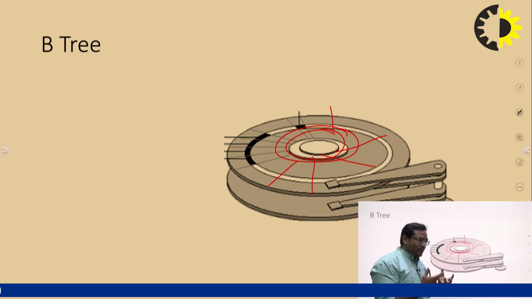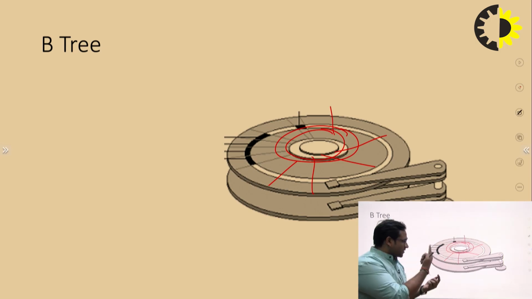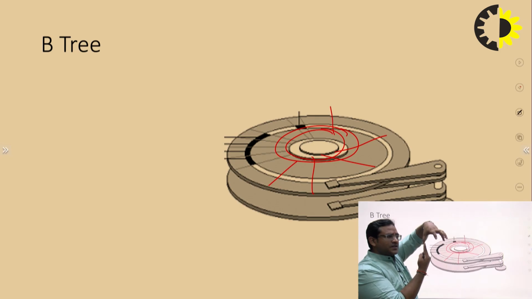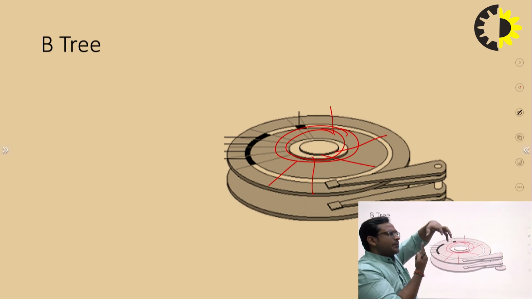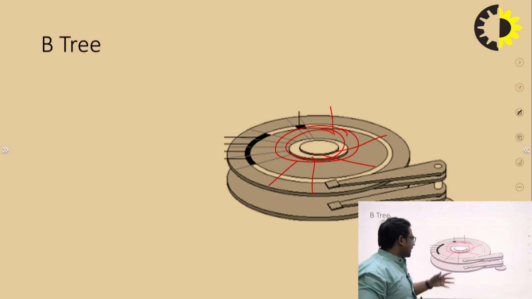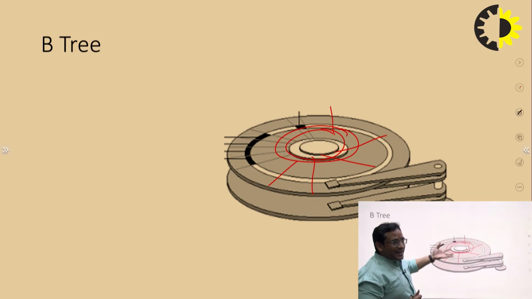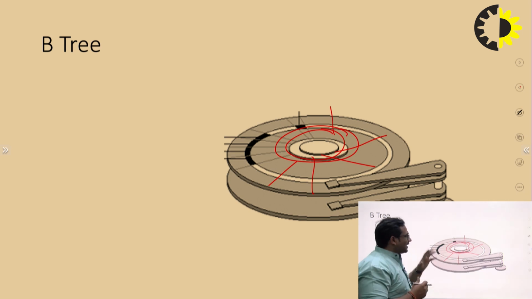Whenever the circle is running, the head is moving around it. The circle moves in place, but the head moves like this, like this, like this. So it covers all the sectors and all the tracks at a time. And if you want to read any data, you must know the block address of that particular data. Then you can read it.